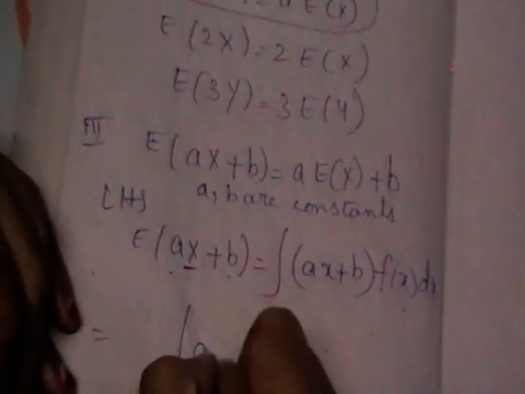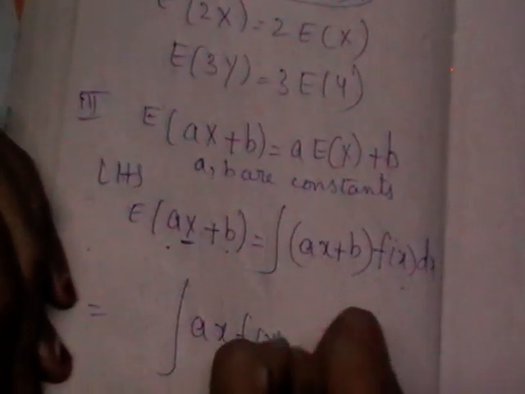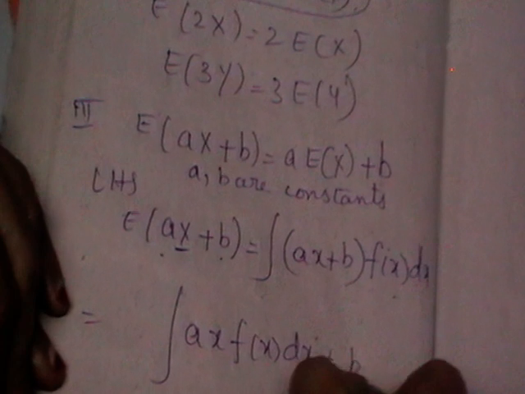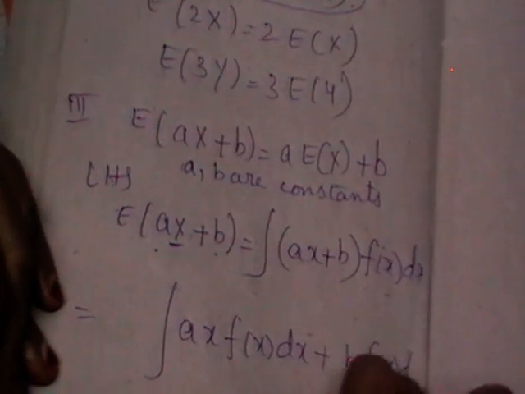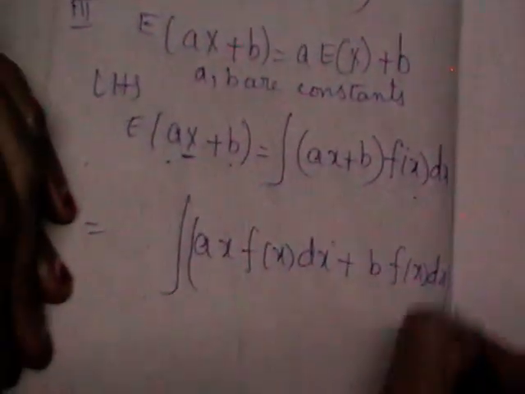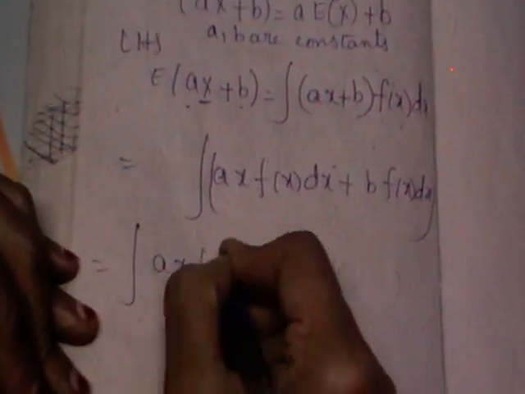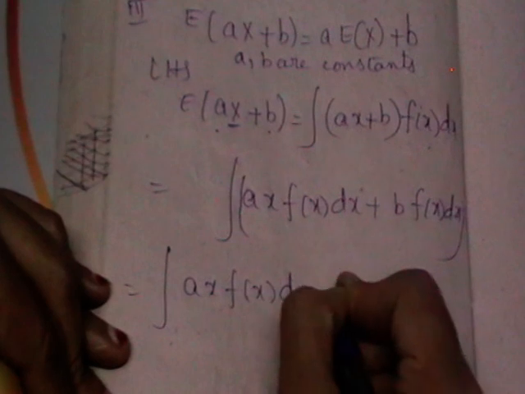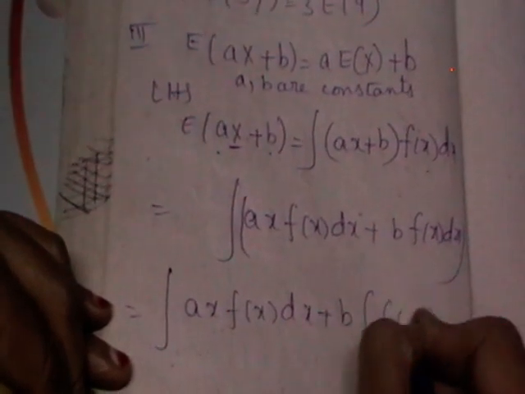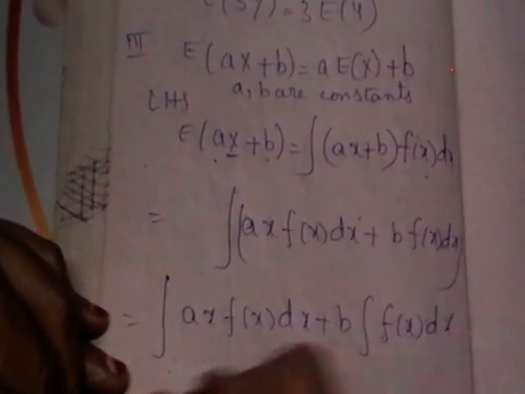So it is integral Ax f of x dx plus integral b f of x dx. Let us separate the integral: integral Ax f of x dx plus b integral f of x dx, as b is a constant.